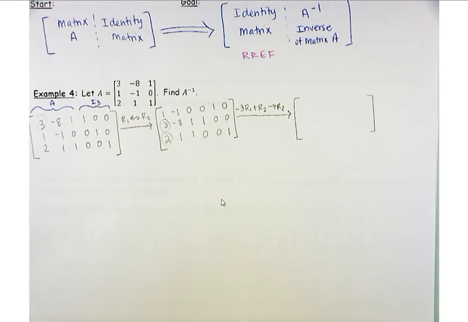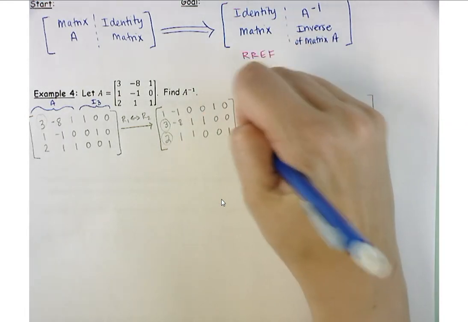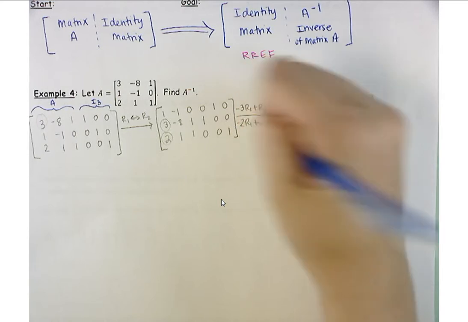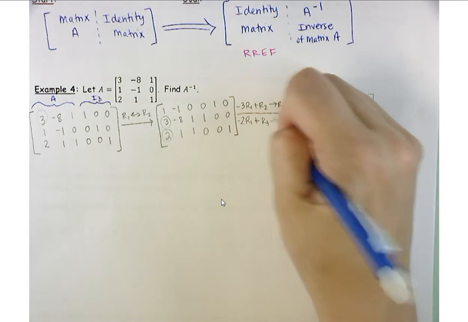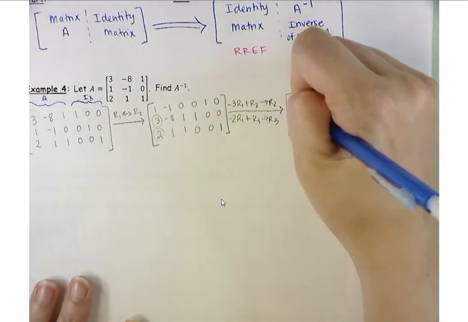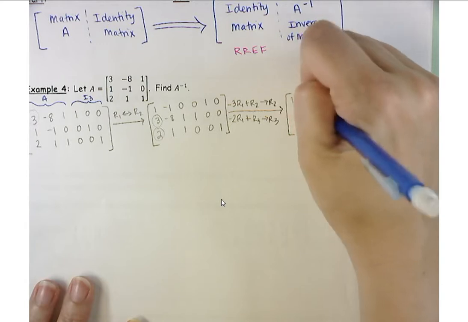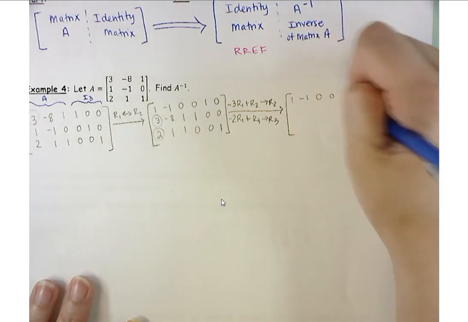Okay, and then after we do that, we could also multiply row 1 by -2, and then add it to row 3, and replace row 3. So then I can do 2 of them in one step. So since we aren't replacing row 1 at all, I'm just going to write row 1. So 1, -1, 0, 0, 1, 0.